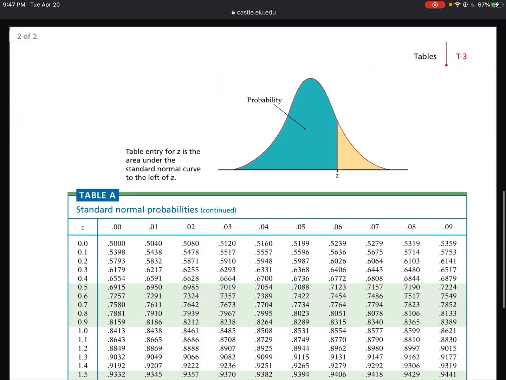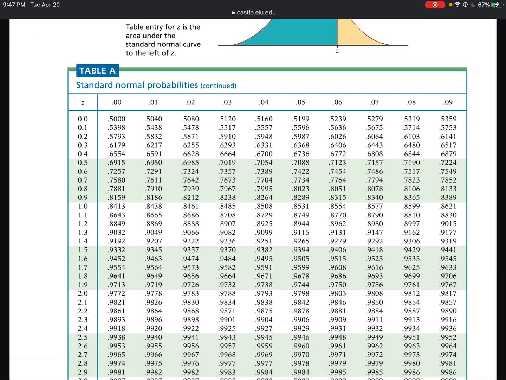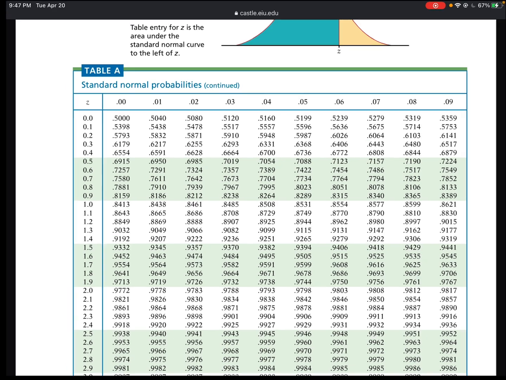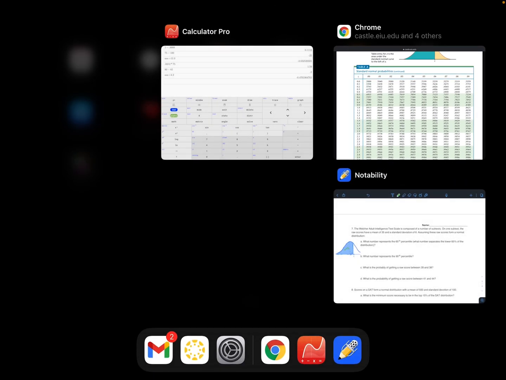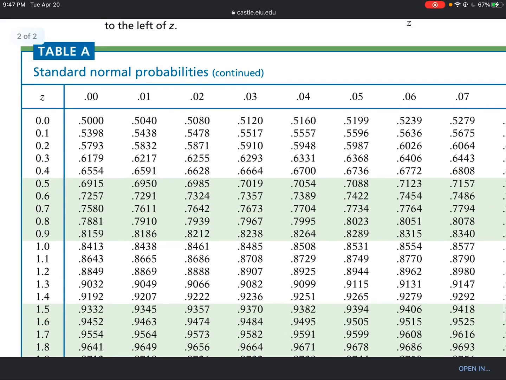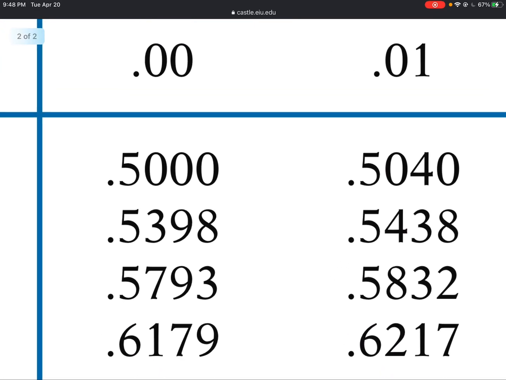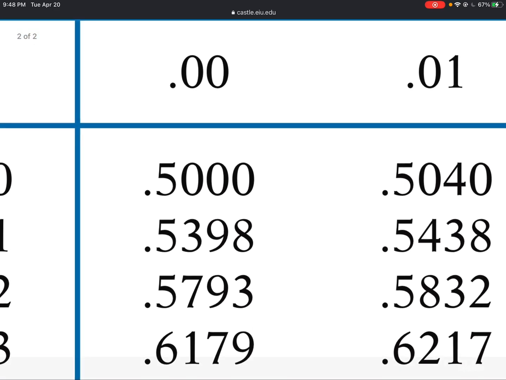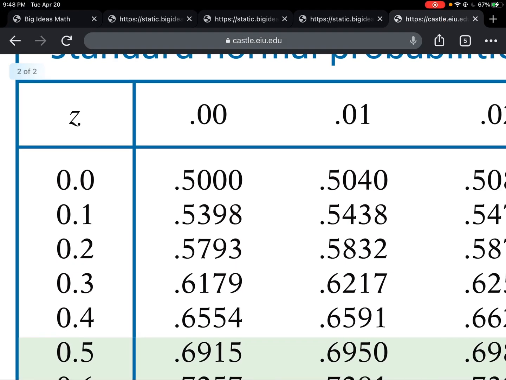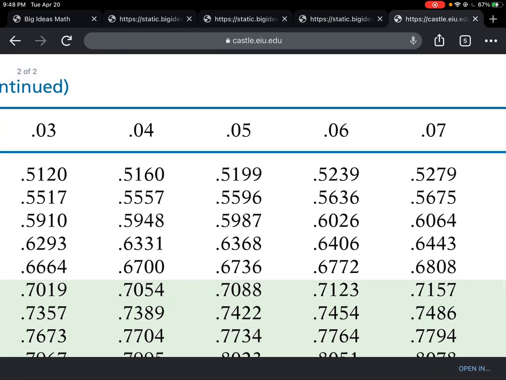Again, the middle section in this table tells us the percentage under the curve, right? So if I want to find 65%, I'm looking for 0.65 or what's closest to that, okay? Notice that when z is 0, that's at the mean, and the area under the curve is 0.5 or 50%, but I'm looking for 65. So let's go through this table.